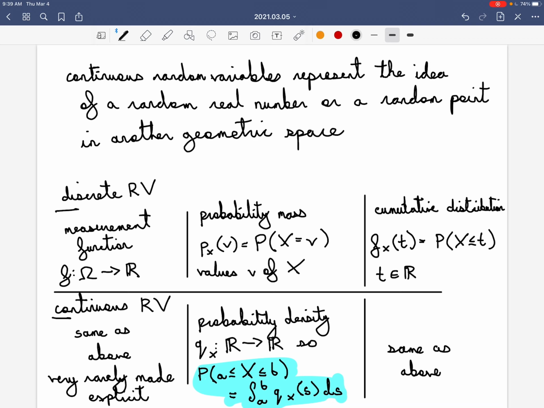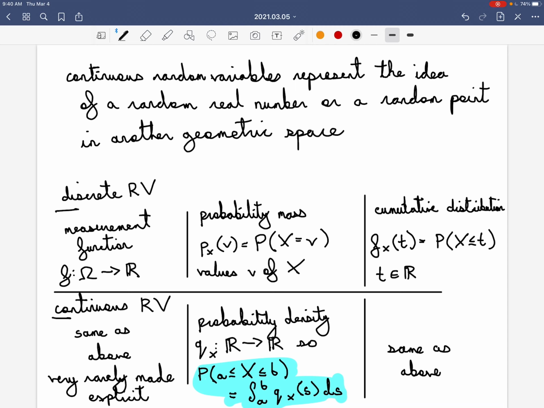There's also a concept of cumulative distribution function for continuous random variables, but because it's exactly the same as the concept for discrete random variables, I won't say anything more about it than just to say it's the probability that the random variable is less than or equal to a specific value.